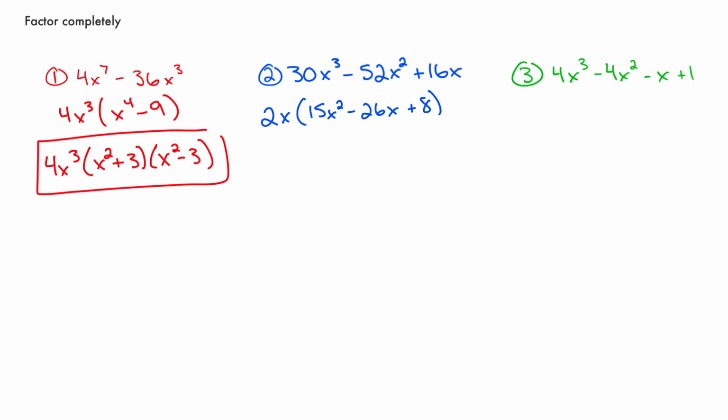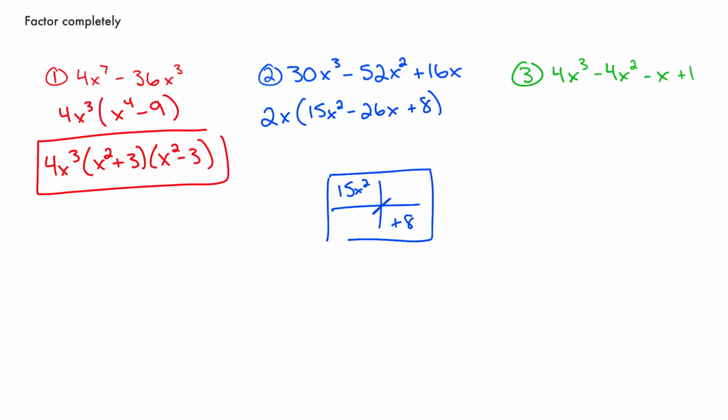This is a trinomial. These are the ones that we don't like the most because it either has to be a perfect square trinomial or we have to use the area model. That's not a perfect square trinomial because 15 is not a perfect square. Neither is the 8. So I know it's not a perfect square trinomial. That means I got to use the area model. Draw my area model. The 15x squared goes here. The positive 8 goes here.